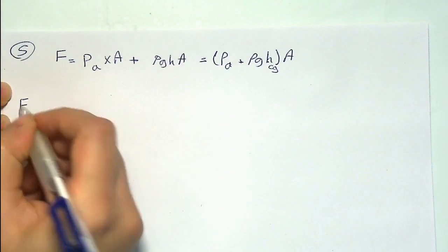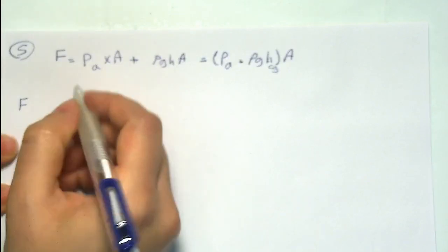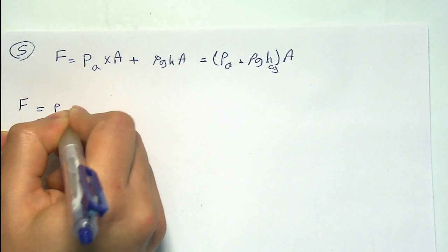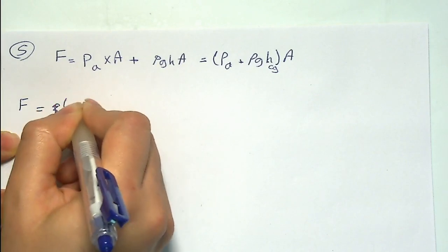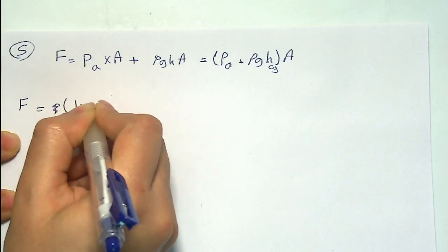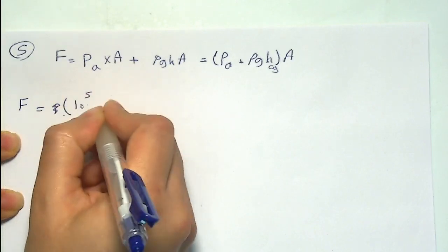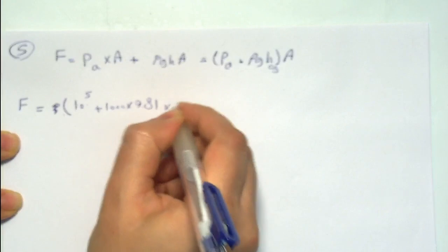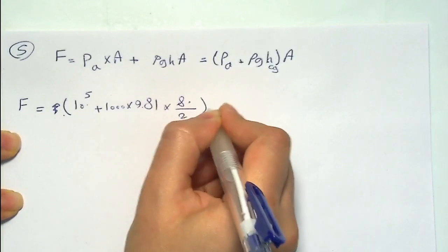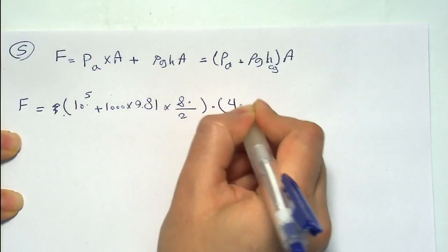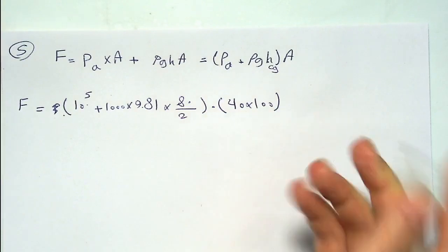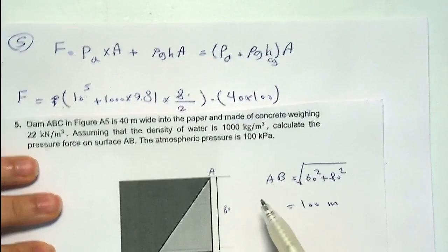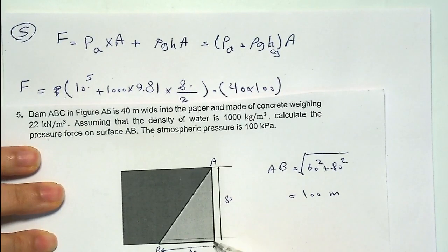You have practiced this a lot, I think, in your class. So F would be equal to the AT comes from here. AB is equal, AC is equal to AT.